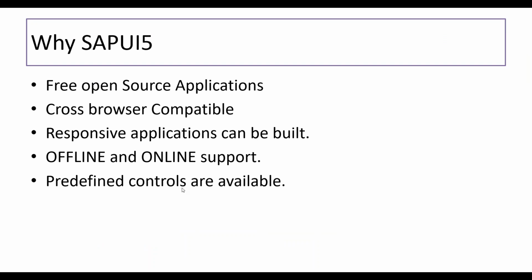The base part which we need to understand in UI5 is the control. If we understand the control, 50 to 60 percent of it is done, my dear friends. So this is why we have to go with UI5, which is not available in other UI technologies of SAP.